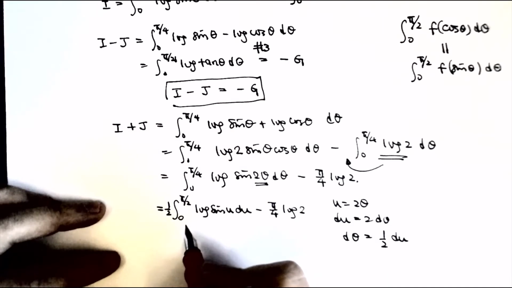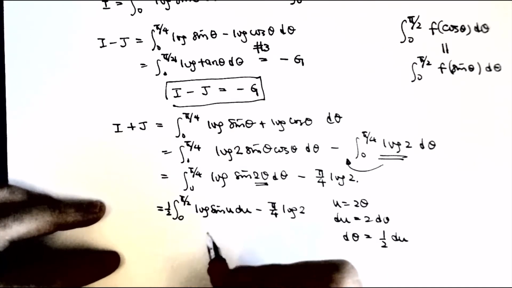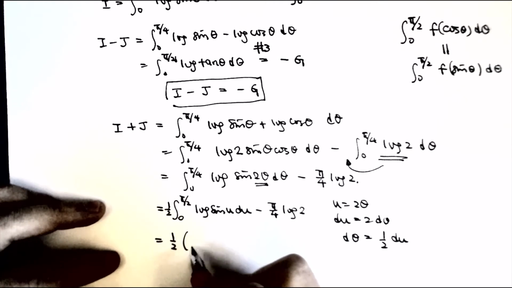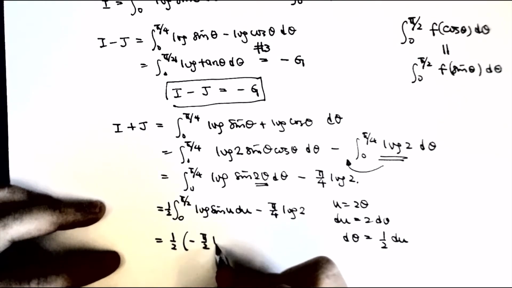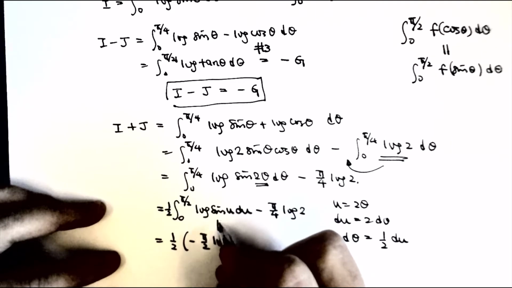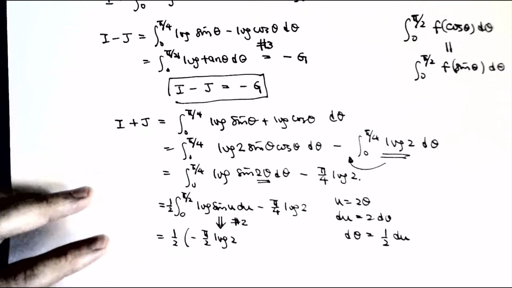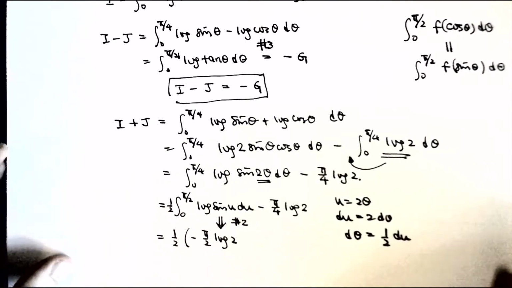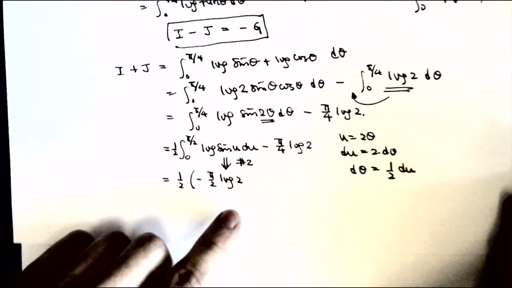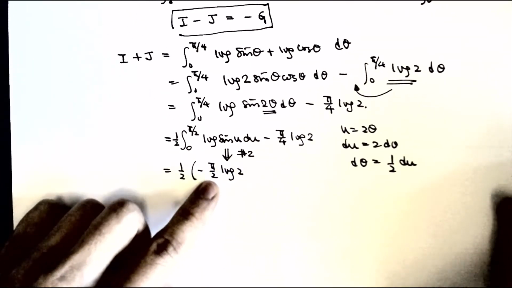But this integral is already known. In video number 2, we know that this is just minus pi over 2 log 2. For those who don't know the procedure, you can check out video number 2 to see how to get this answer.